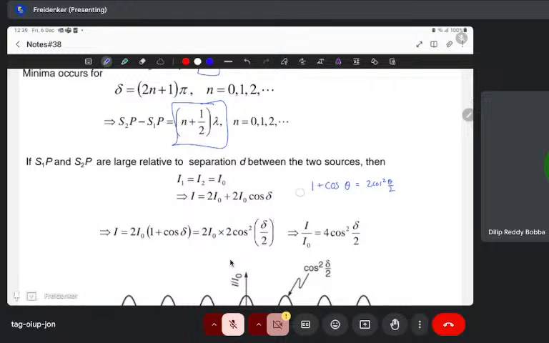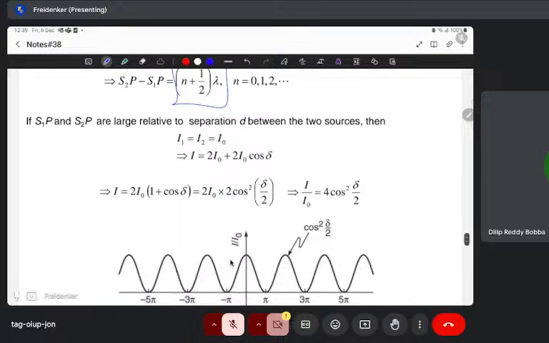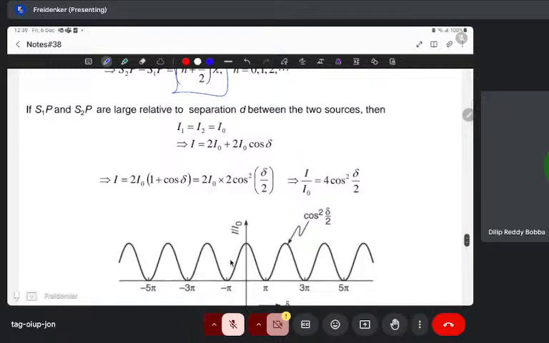Enough trigonometry. Okay, now when D is much greater than small d, what will happen? I can write my intensity as I naught into 4 cos square theta. Nice, so this is nice.